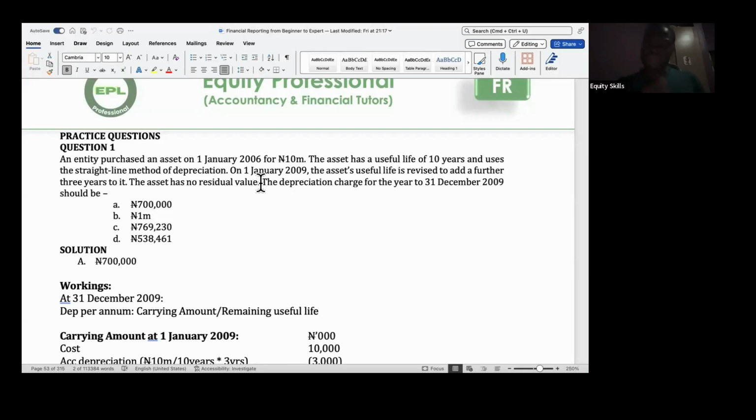Then we treat the revaluation surplus or deficit to either P&L or OCI, as the case may be, and any balance that will make our journal balance is usually the accumulated depreciation. We're going to put all that into practice today in the practice questions we are going to solve.